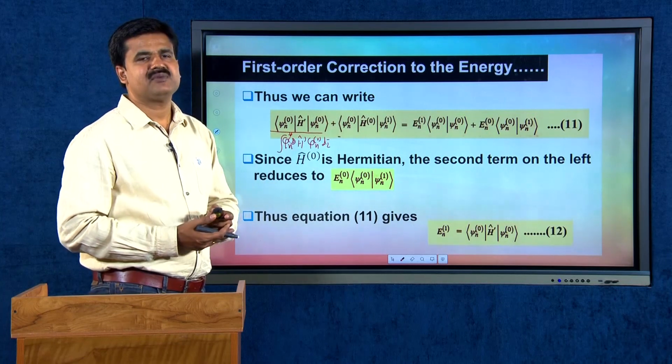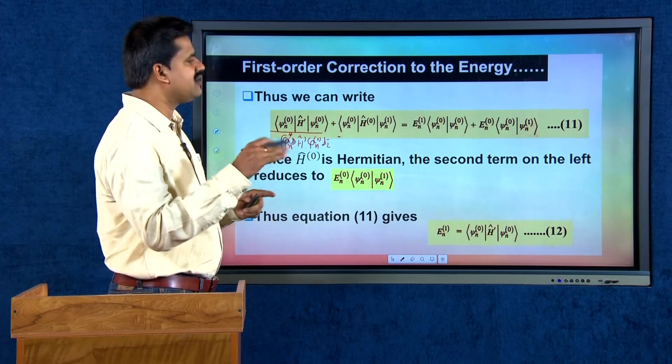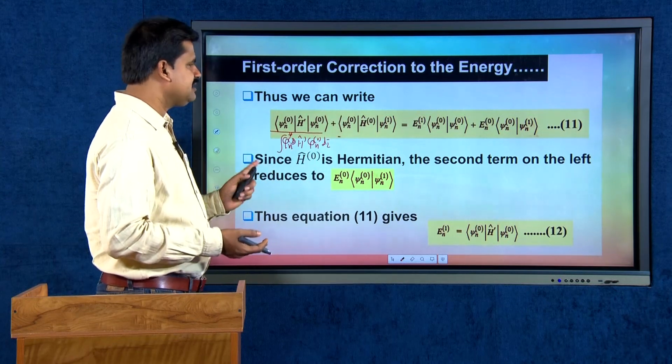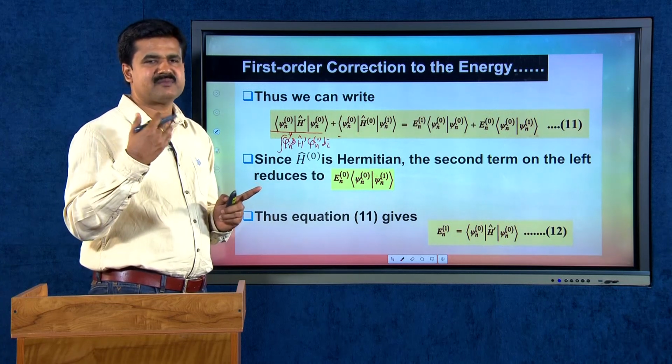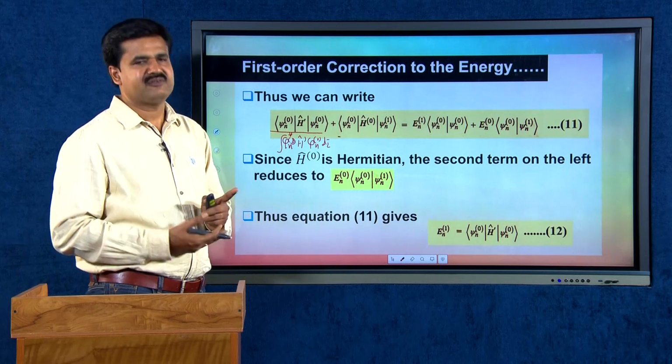This is equation number 11, and this equation 11 can be further modified, and we have to apply the condition for the Hermitian property to get to the final equations of our convenience.